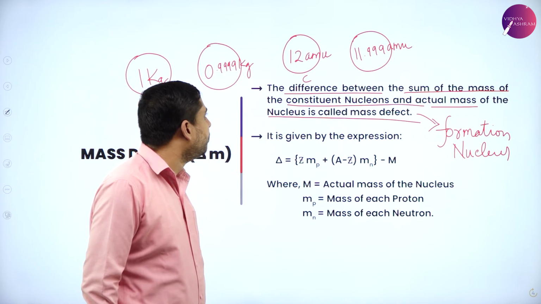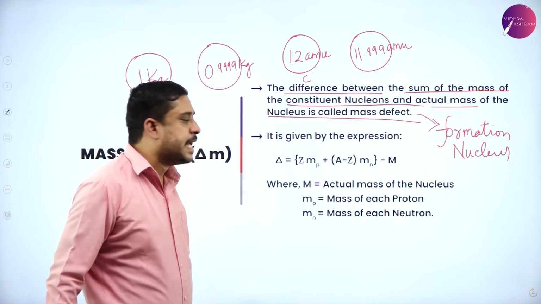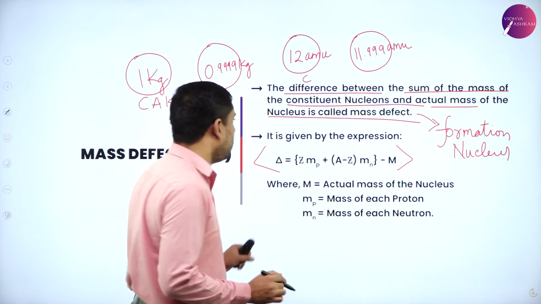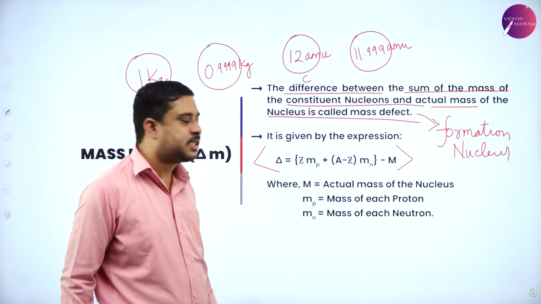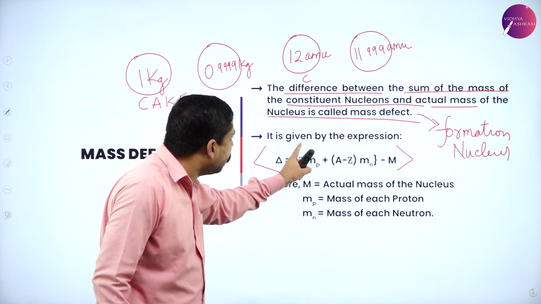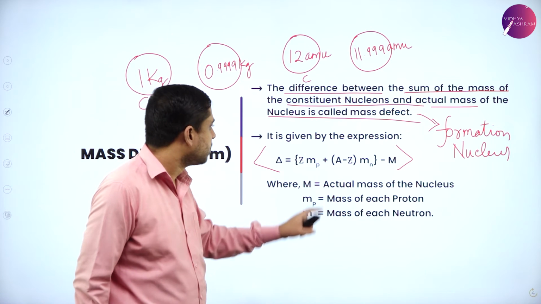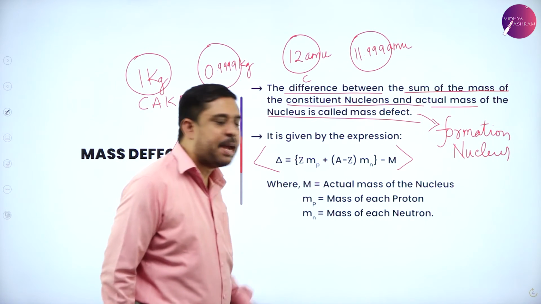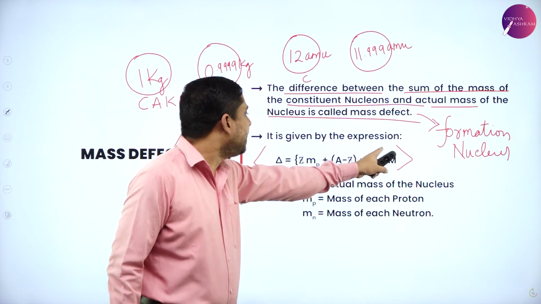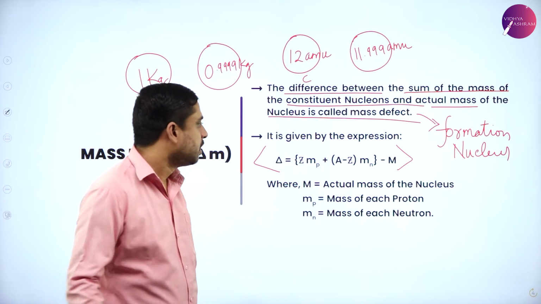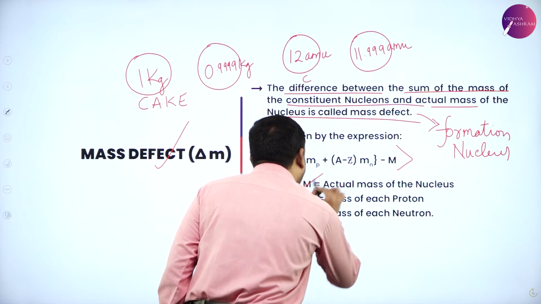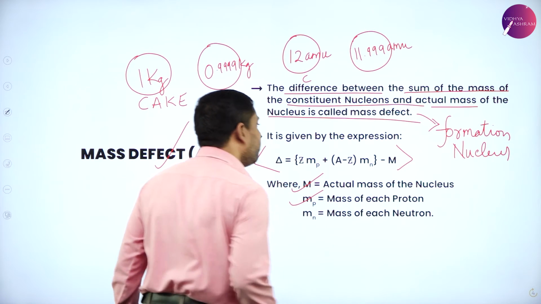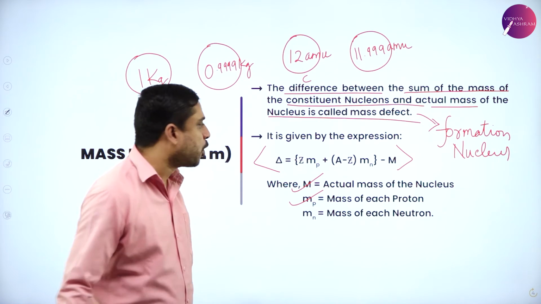And delta M, mass defect, is given by the expression delta M equals Z Mp plus (A minus Z) Mn minus capital M. M is the actual mass of the nucleus. Mp is the mass of each proton.